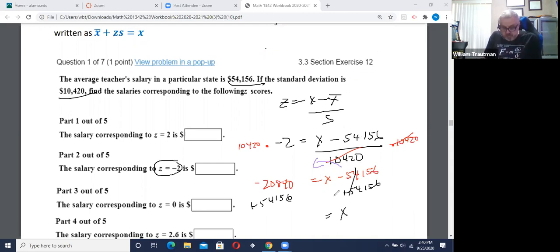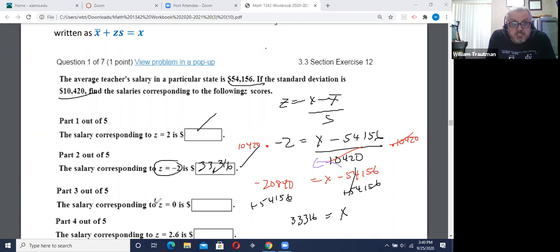Negative 20,840 plus 54,156. And a teacher with a z-score of negative 2 gets 33,316. So you saw the difference. This guy got 70-some thousand. This person got 33,000.